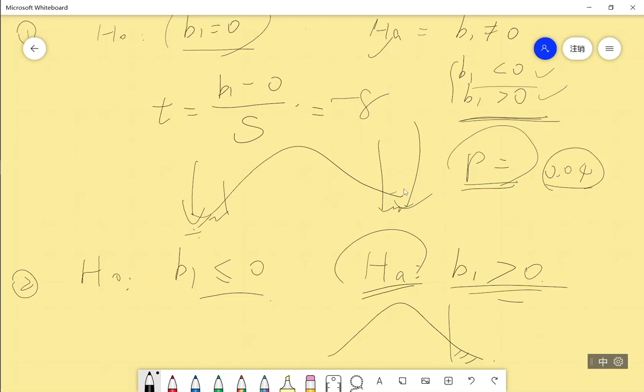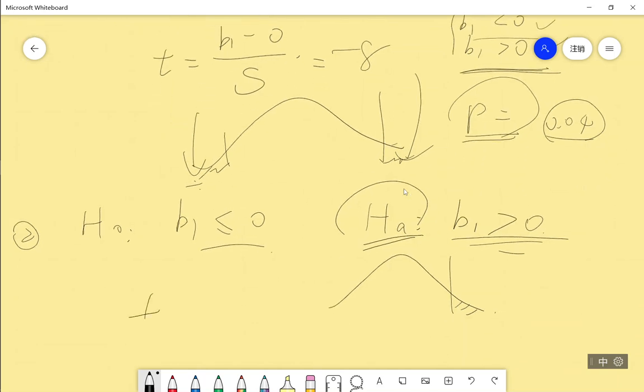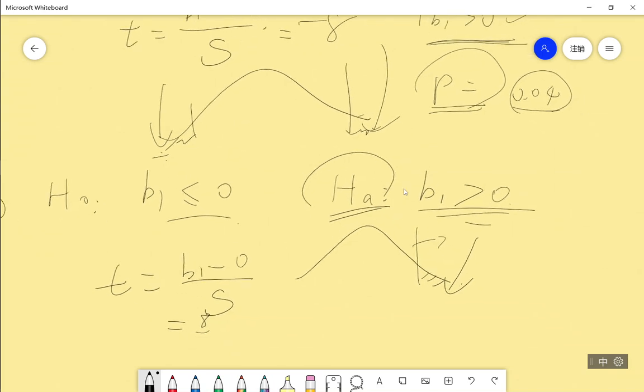And you can also calculate the t-statistic using B1 minus 0 divided by the standard error, and say you got 8, and it falls at this place. So you need to find the critical value of it, and of course you can use the p-value here.